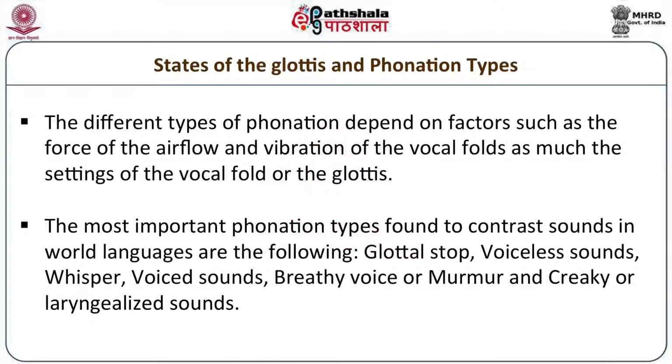Although the different states of the glottis are responsible for different phonation types, let us not forget that different types of sounds produced here at the larynx are also because of the flow of air, the stronger and the weaker forces of the flow of air, and the way the muscles are held together, that is in terms of greater or less tension.